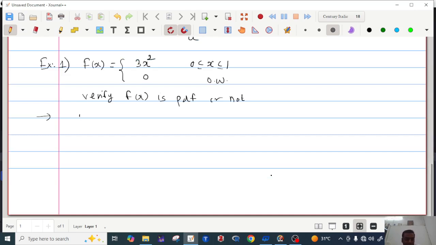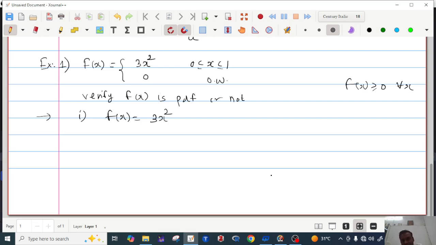There are two conditions. The first condition is that f(x) should be defined for all x. Clearly this f(x) is defined. The first condition is that f(x) is positive. This function is defined for values 0 to 1. If you put 0, f(x) will be 0.